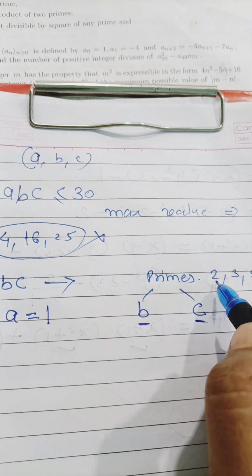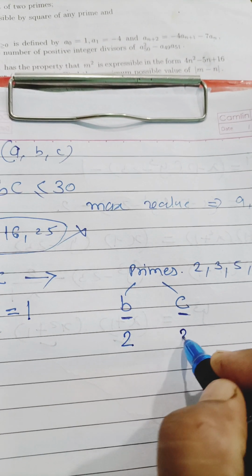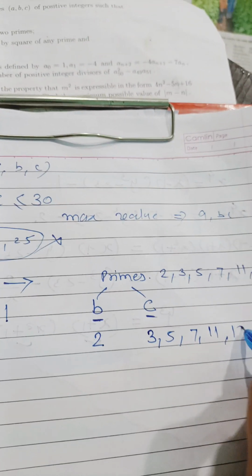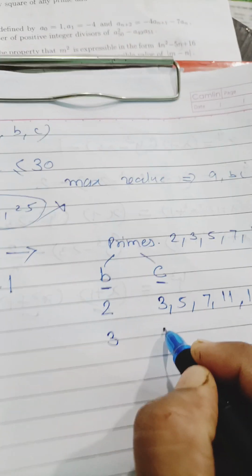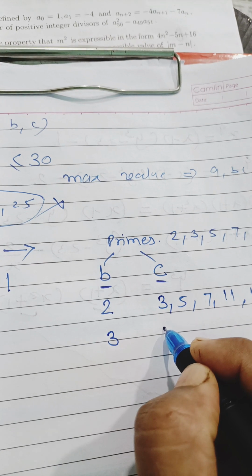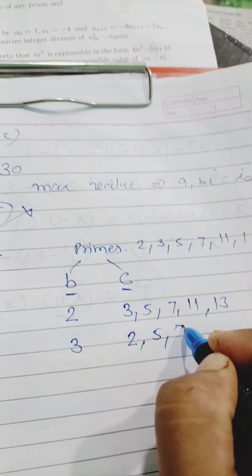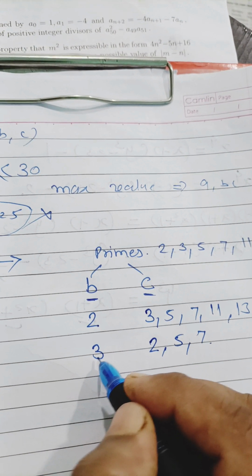Now let us go for this. Suppose we take B as 2. Then what are the possible values for C? 3, 5, 7, 11 and 13. Okay. If we take B as 3, then possible values for C: 2, 5, 7. We can't take 11 because 11 threes are 33, which exceeds 30. Okay.